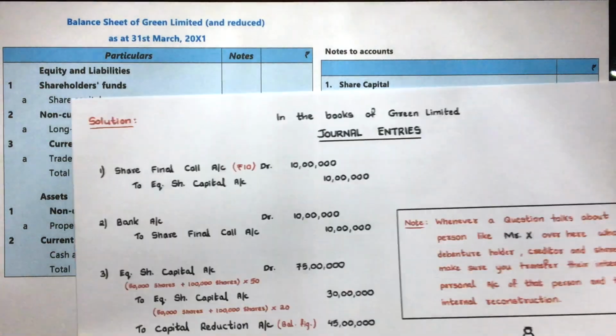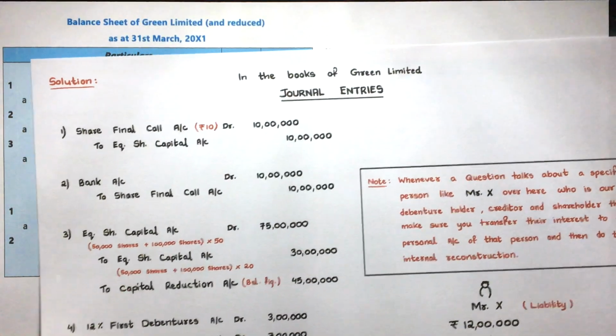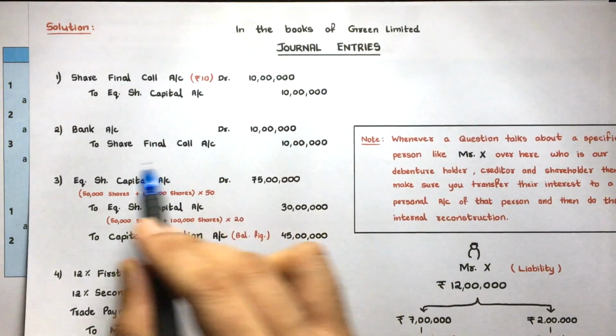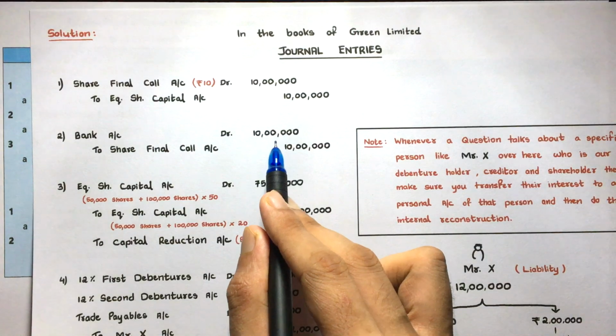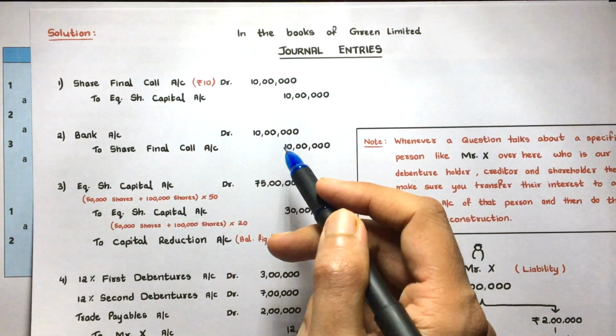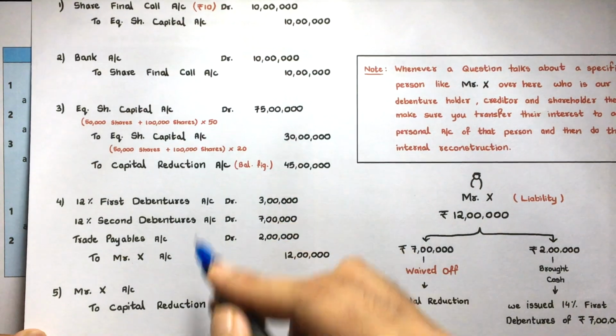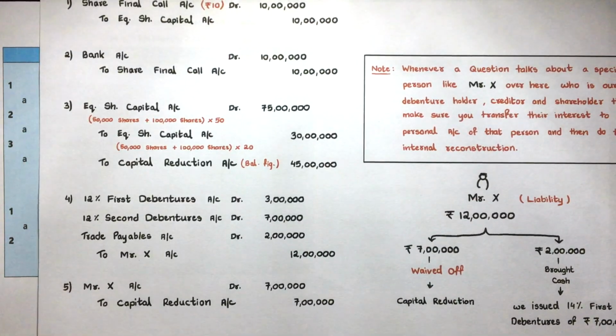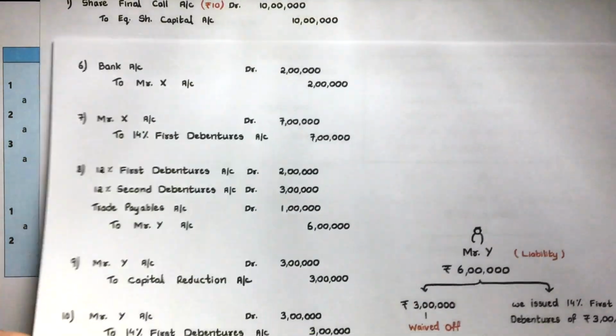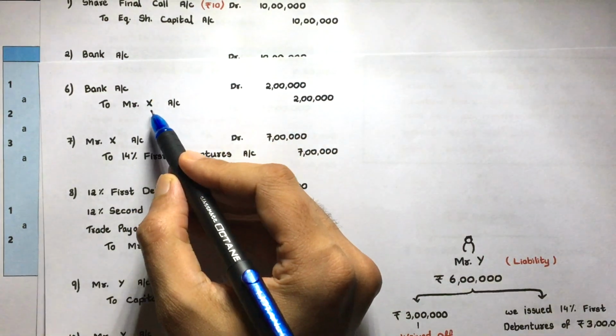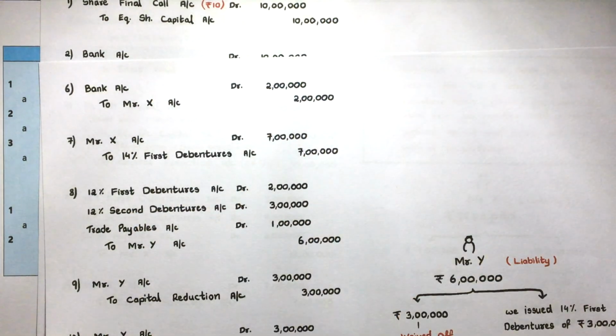So let's see the cash balance. See here, first entry no cash, second entry yes, we have got cash. How much? 10 lakhs by making the shares fully paid up. Okay, 10 lakhs. And then any more? No, nothing here, right? Let's just see on the second page. Yes, from X we have got 2 lakhs. So you have to take 10 lakh plus 2 lakhs, that is 12 lakhs.